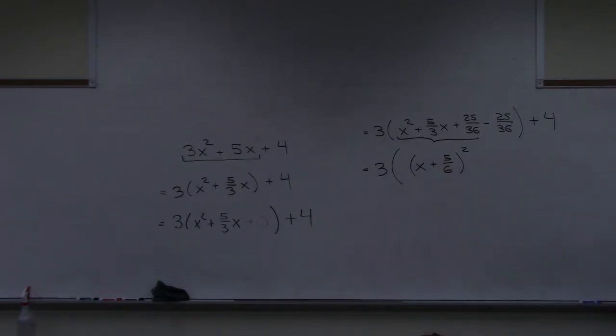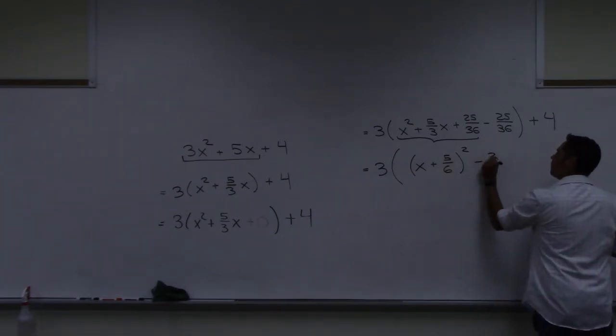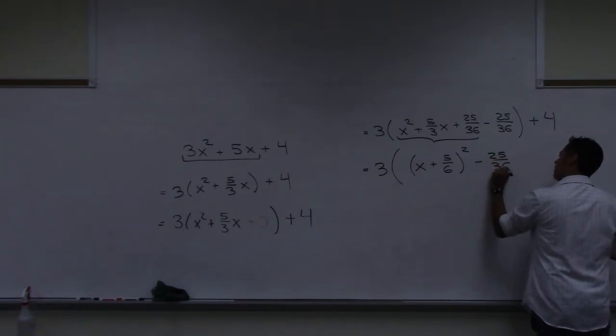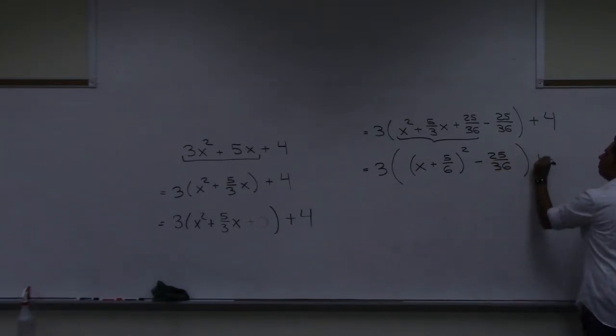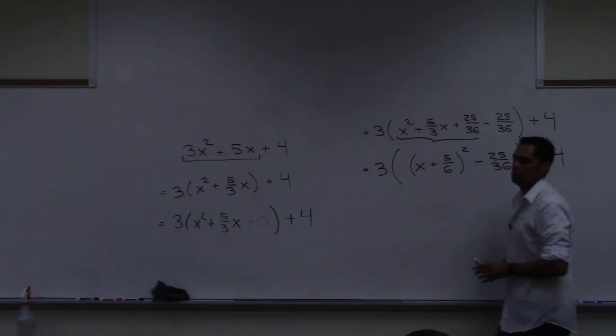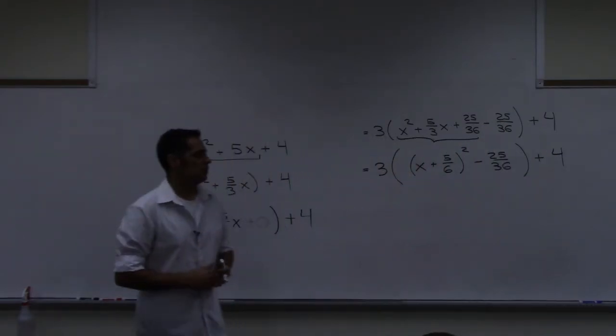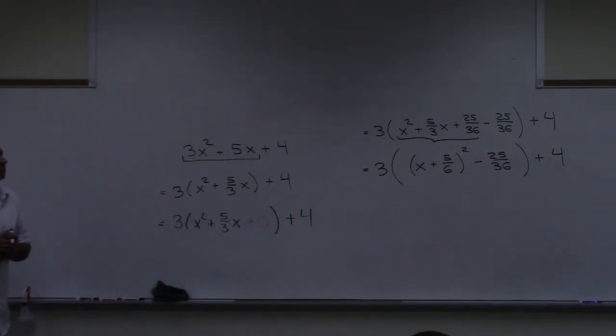But what's still in here next to this big thing? Minus 25/36. Close it now, plus 4. Still making sense?